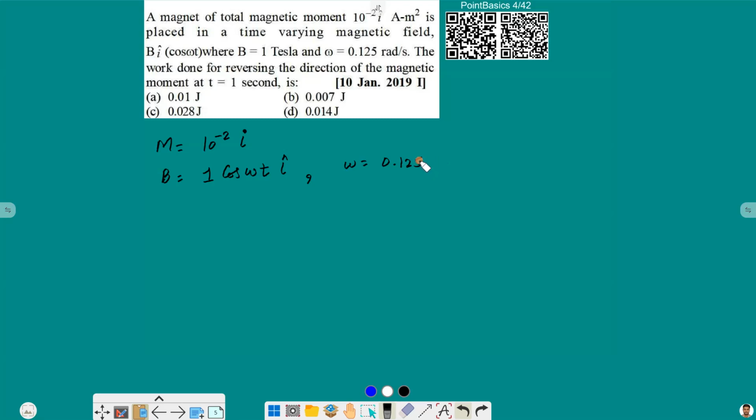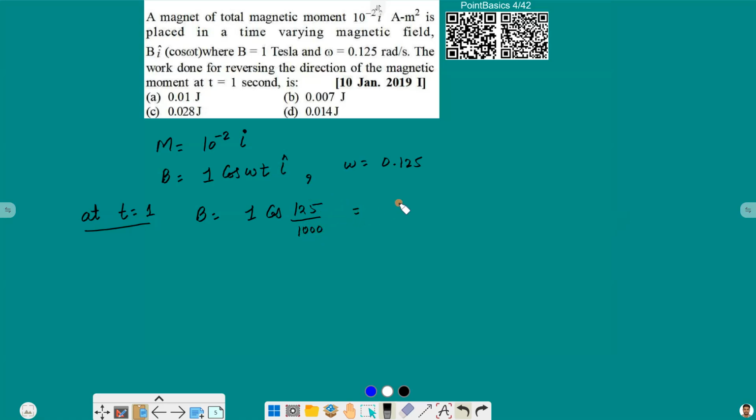1 second. So at t is equal to 1 second, we have to reverse the direction of the magnetic moment. For that, first of all, we have to find the magnetic field at t is equal to 1. At t is equal to 1, the value of m is constant but B is variable. So B will be 1 of cos omega, that is 125 by 1000, into t is equal to 1, that is again 1.